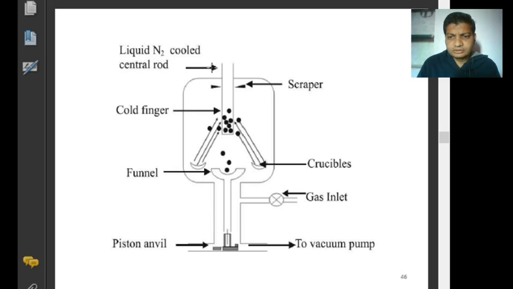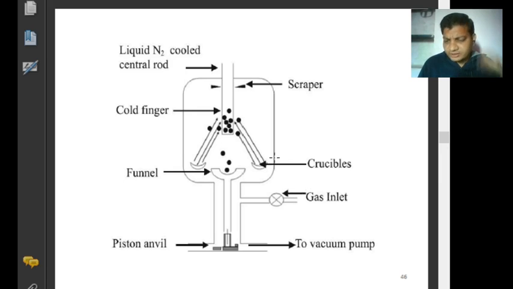cool rod, central rod, then scraper. This scraper is for the removal of the nanoparticles from this rod, and then the cold finger. That name itself suggests that its temperature is lower. So this is the funnel, and this is the crucible where the nanoparticles were moved. This is the gas inlet.